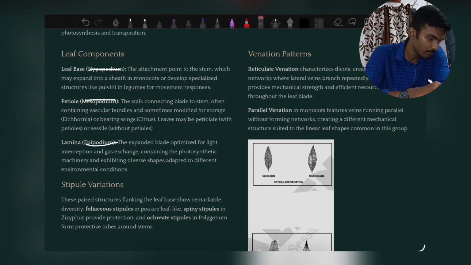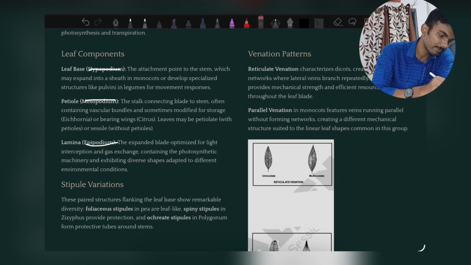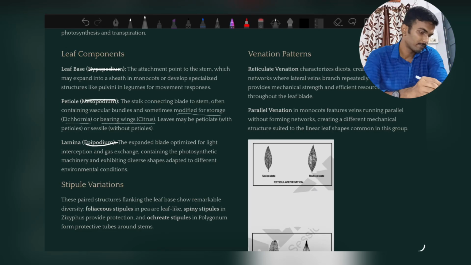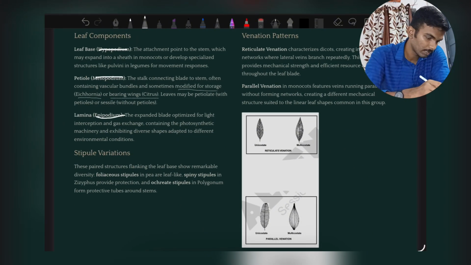Petiole, the stalk containing the blade of the stem, often containing vascular bundles and sometimes modified for storage, like in Eichhornia, and bearing wings, just like in citrus fruits.